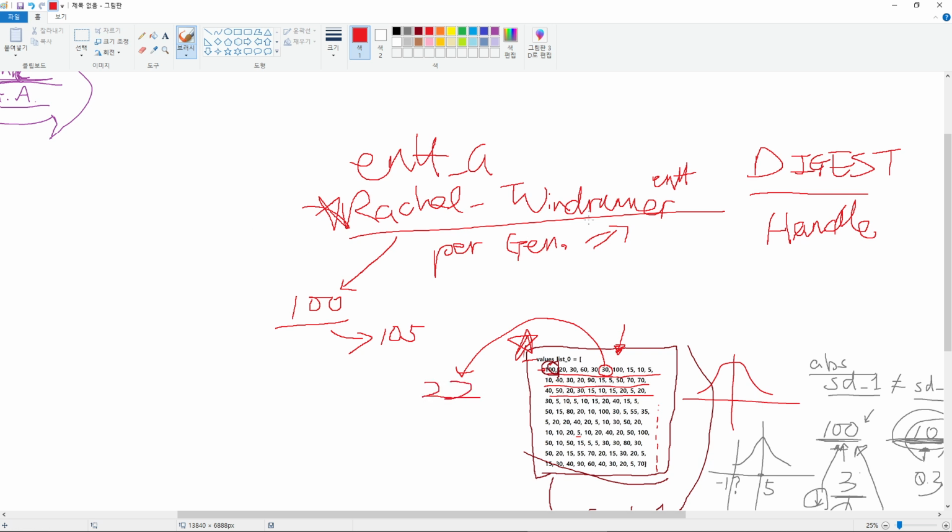So it's individually dynamic when it comes to utility values and constraint values.